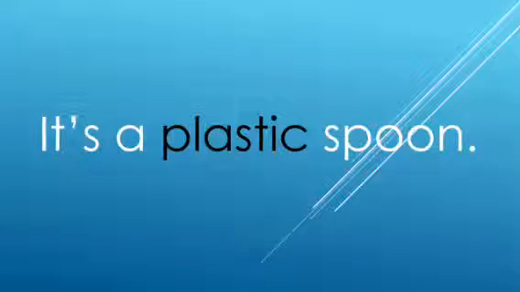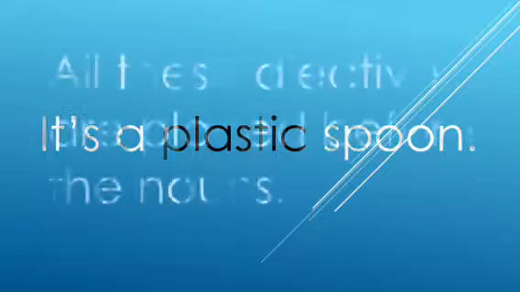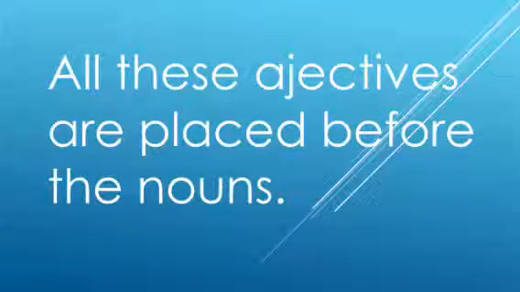It's a plastic spoon when we want to look at the material used in making that spoon. One thing you must have observed in these sentences is that all these adjectives are placed before the nouns.